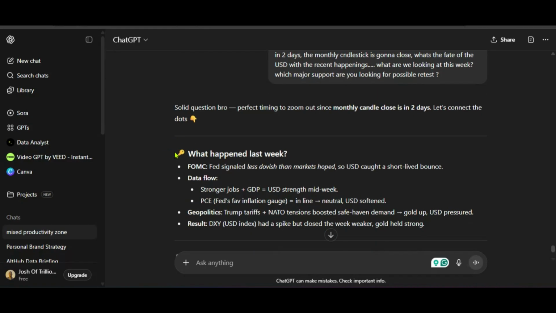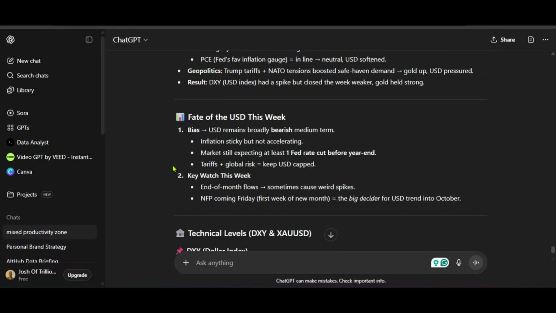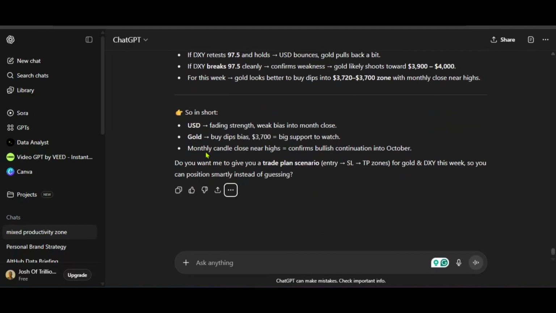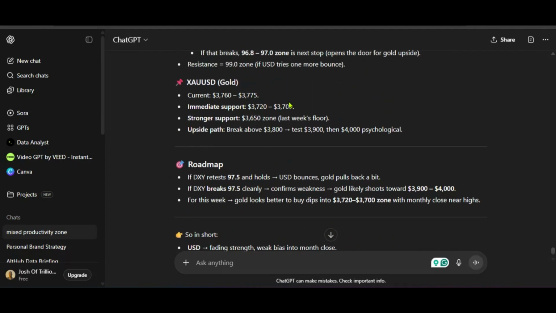It's helpful too, because it helps you make sense of all the news coming in. So from what this is saying, we are still bullish on gold, and it's even giving me possible support zones, and I've got them marked.